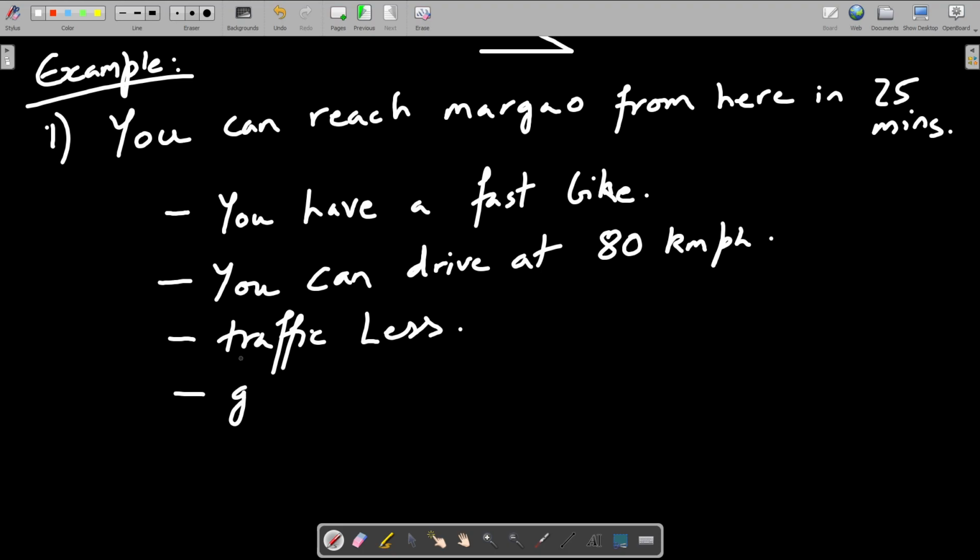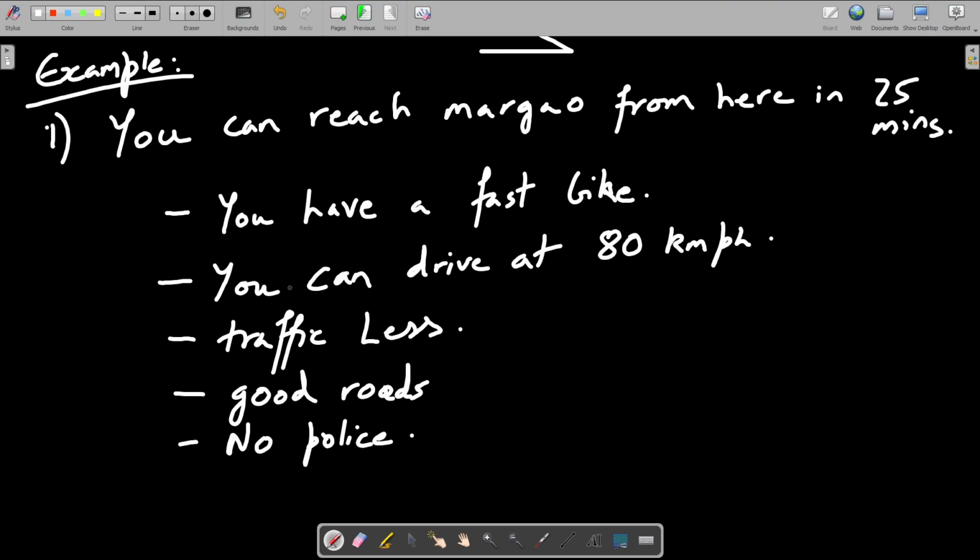Actually, you'll have to adjust with the Himalayan or something. Good road, no police. No police, no traffic, no signal. That is the same thing. What else do you require?